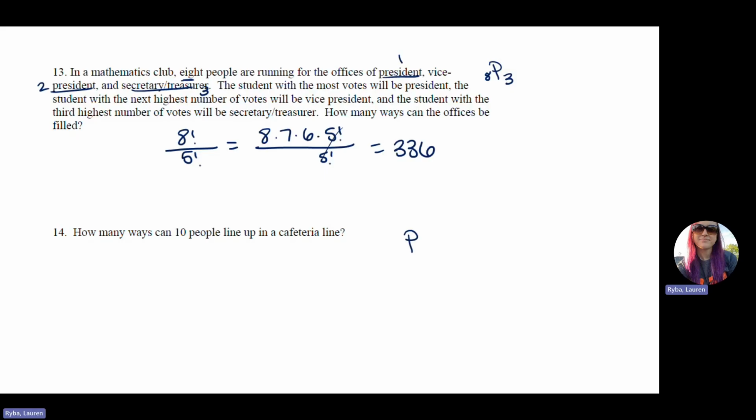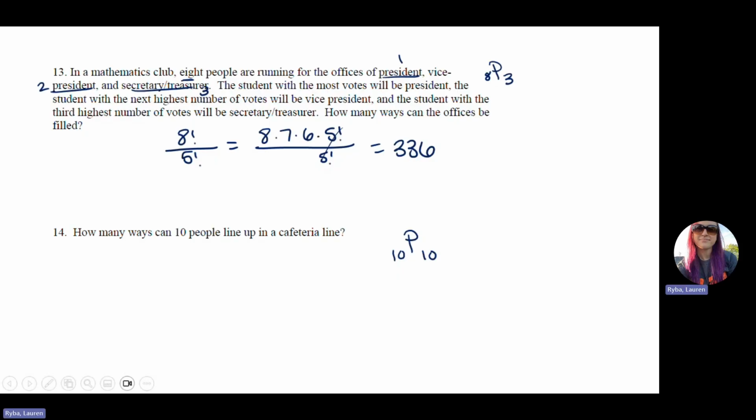Not what I want. Now, 10 is our total, but it is also the number that we are arranging. So it is possible to, in fact, have the number I start with and the number at the end be the same number. That's just telling me that I'm arranging all of the objects that I have to work with.